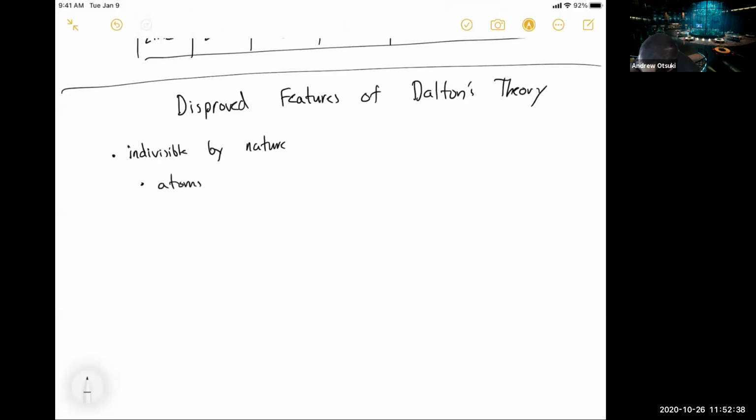So atoms have subatomic particles called protons, neutrons, and electrons.